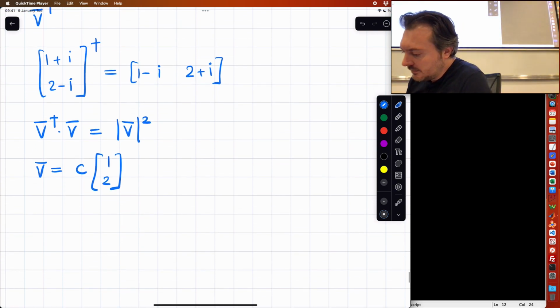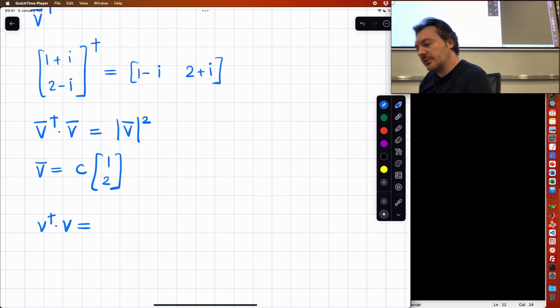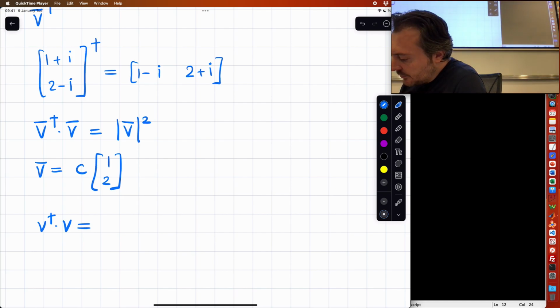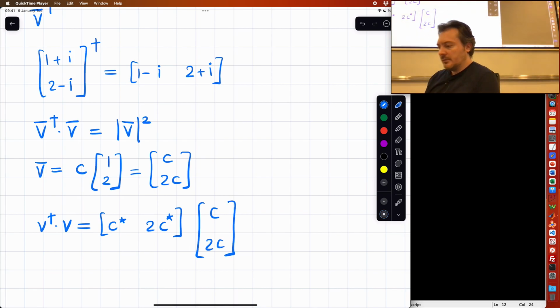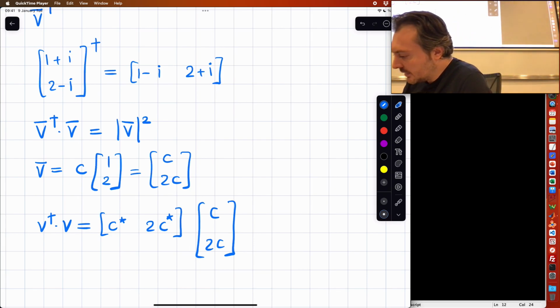Let's find V dagger times V. Let's find the magnitude of V. Okay? The magnitude of V is C star, 2 C star, right? Because this is basically C and 2C. Do you agree with this? So what do we get from this multiplication?